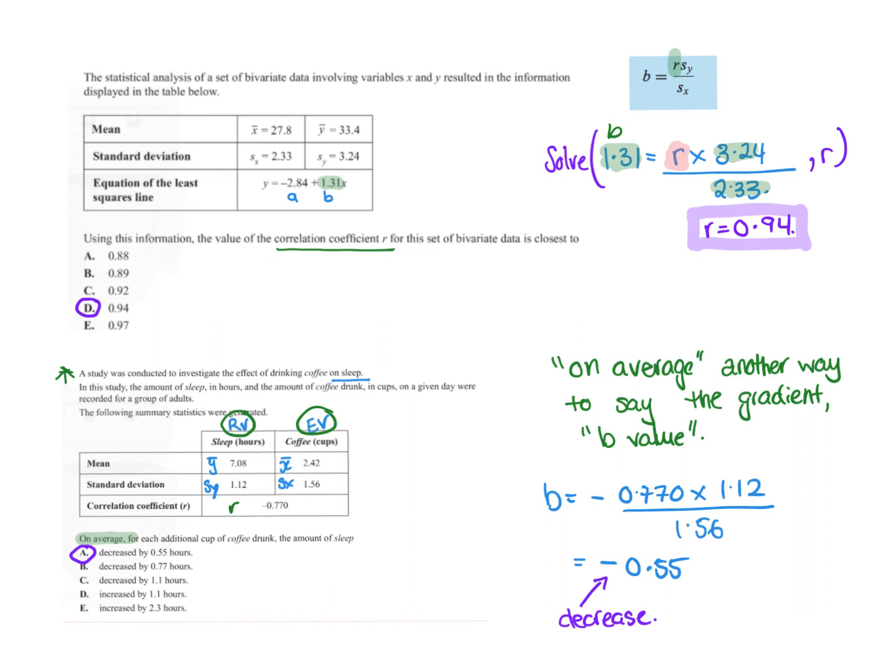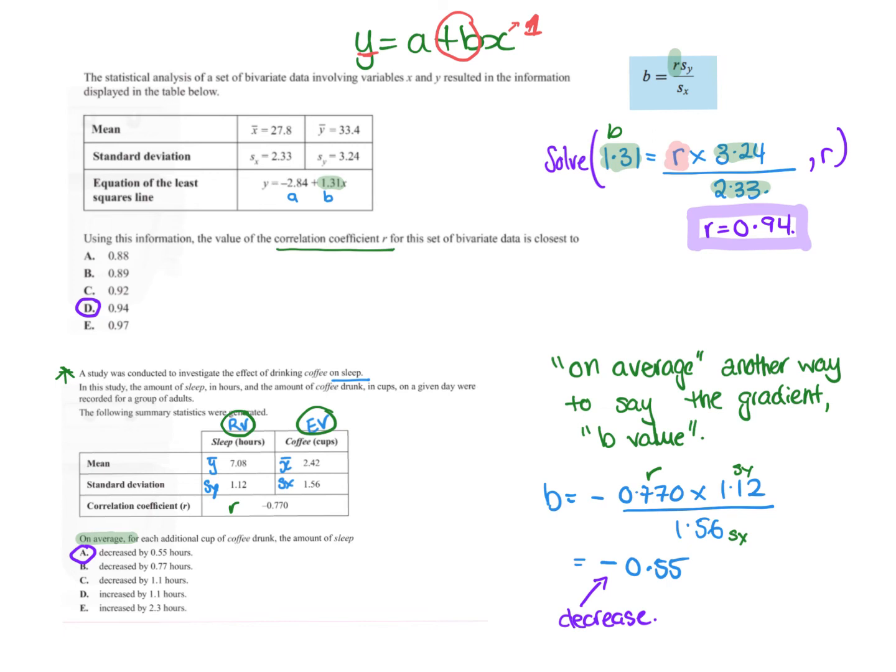And then you can use that formula again, and you've got all the pieces of information. We have the R value, we had the SY, that was the sleep, and we had the SX, which was the standard deviation for the coffee. And we end up with a negative. If you think about your equation, if your X keeps going up by 1 unit, you're going to change your Y by whatever the B is.